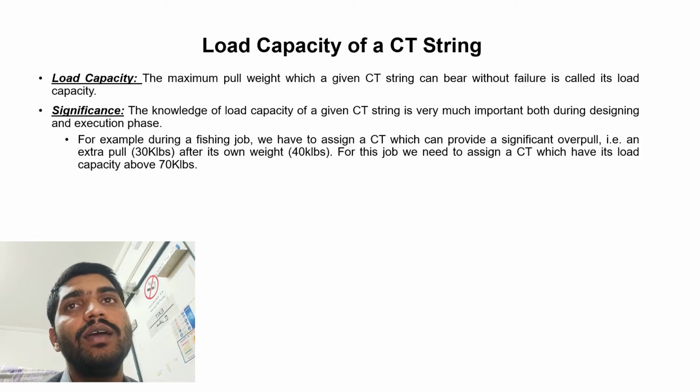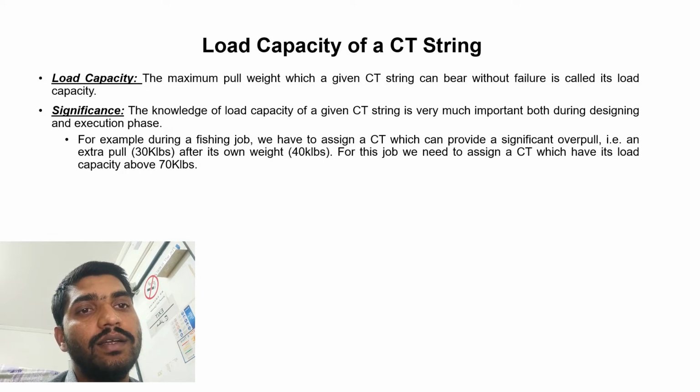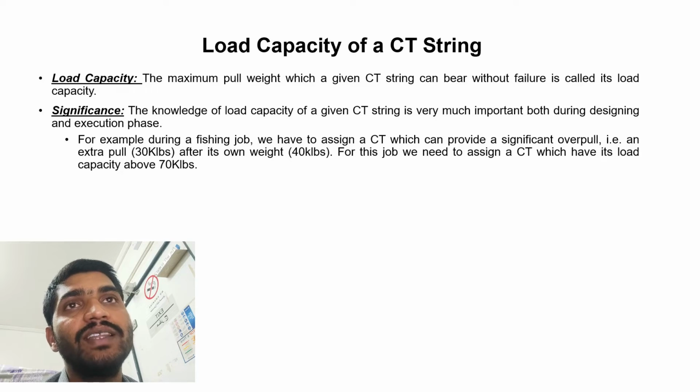So we need like 70,000 pounds force. We need a coil tubing which can hold 70,000 pounds. So this knowledge is important before designing the job for that particular operation.